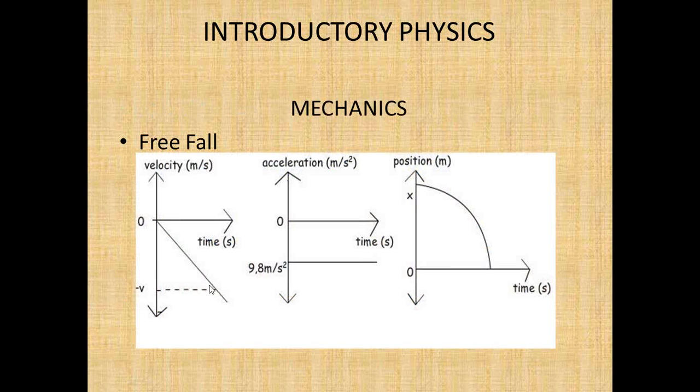So let's use the velocity time graph. What we had said before is that the area under the curve of a velocity time graph represents the displacement or distance. For simplicity, say distance.